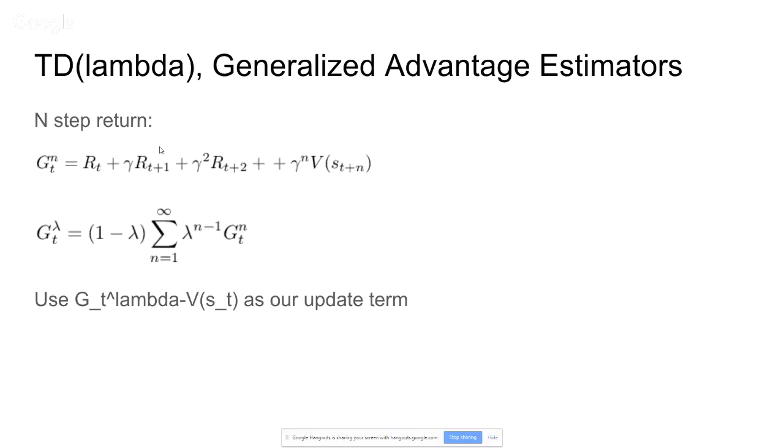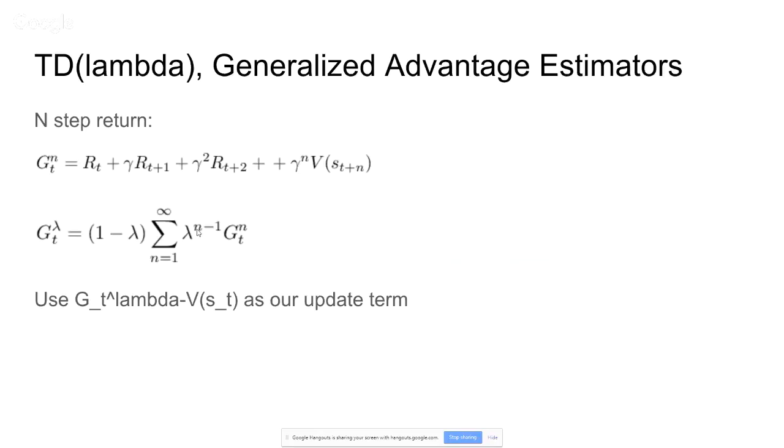So one thing that they do is, these are the n-step returns, but if you do an exponential sum of the n-step returns, exponential over n, here we have G_t of n, and then we multiply it by an exponential factor of lambda to the n minus 1.